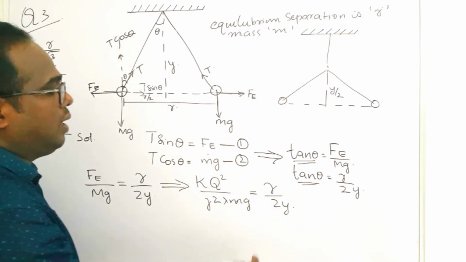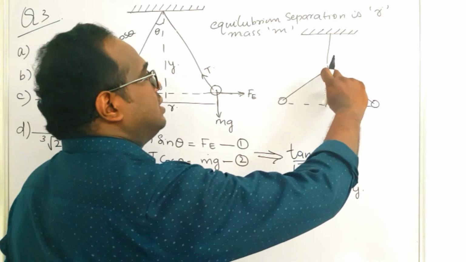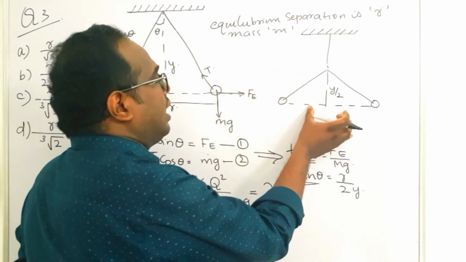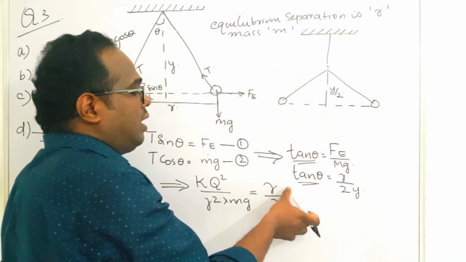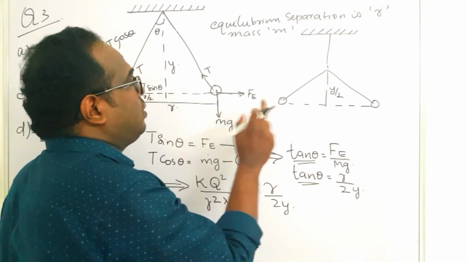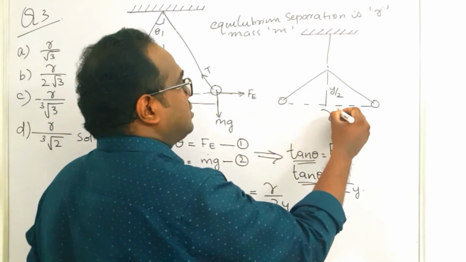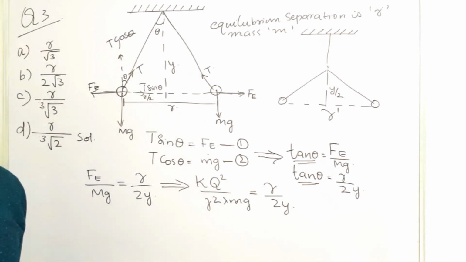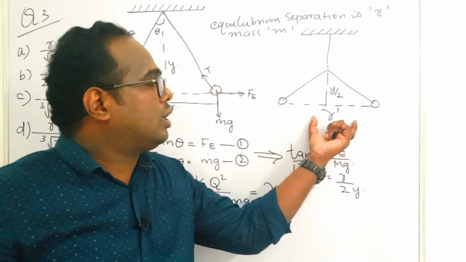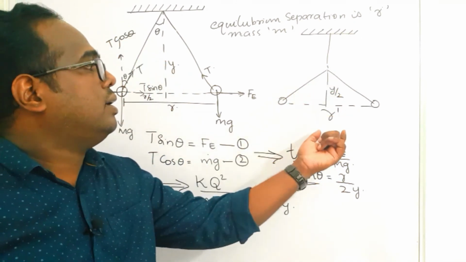You have to find a relation between r and y because y is changing and r is changing. If you find a relation between y and r, you can find the new equilibrium separation, let it be r dash, using this equation.